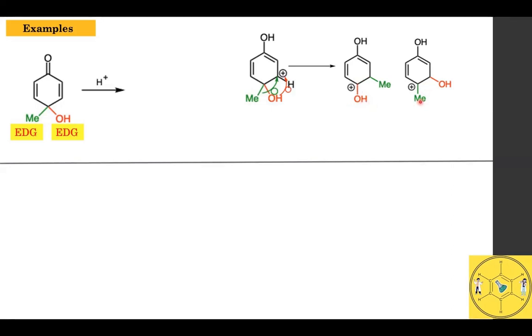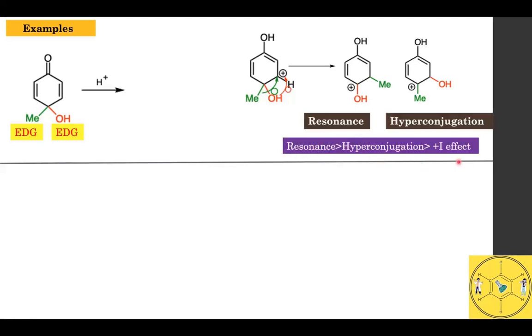In the other case, we already discussed the methyl group, which can stabilize the positive charge by hyperconjugation as well as the plus I effect. So these two carbocations seem to be equally stable. When you face this type of situation, we should consider this rule.